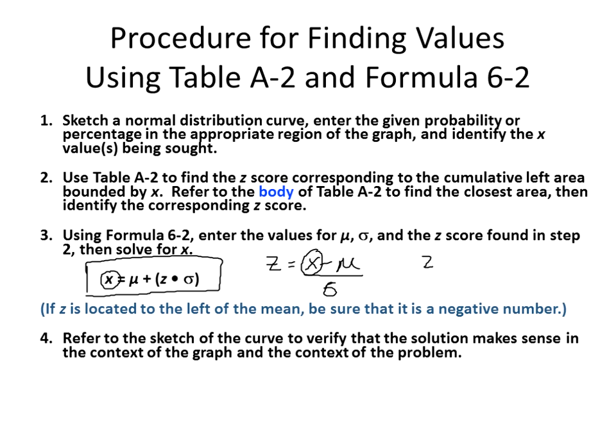So you have Z times sigma equal to X minus mu. You're trying to solve for X, so you add mu to both sides. You get mu plus Z times sigma, and that's equal to X.